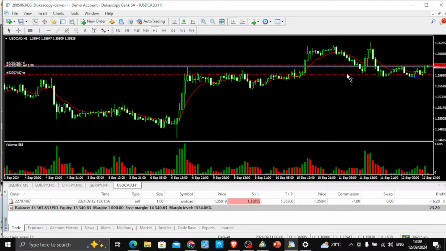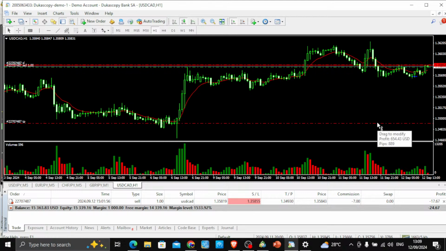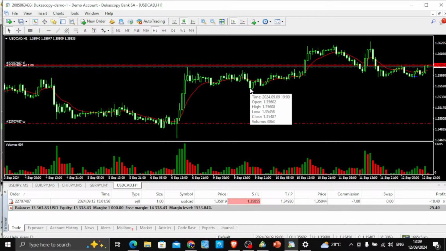Don't be surprised, it can come even to this area, which is about 88 pips, because once here breaks, the next challenge will be here. Even if here breaks, if you have a good bearish candle on 1 hour, the next target will be on these areas. So that's how to do it.